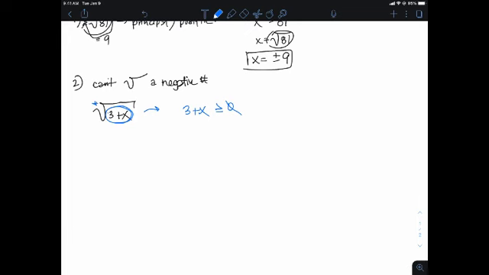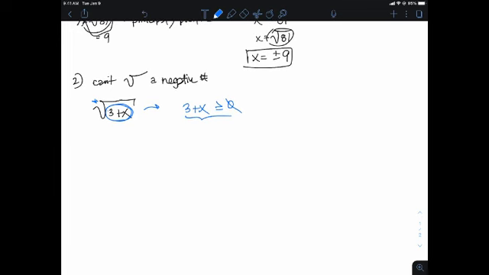We can take the root of 0, we can take the root of any positive number, we can't take the root of a negative number. Then we use our algebra to rearrange this to solve for x. So x plus 3 is greater than or equal to 0, I'm going to subtract 3, so x has to be greater than or equal to negative 3. This is what we would call the restrictions on x, on our variable.